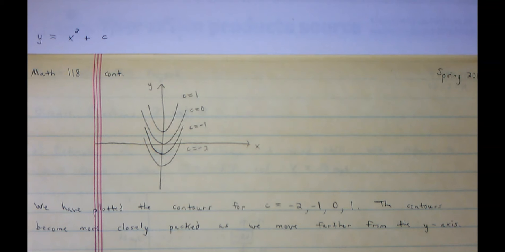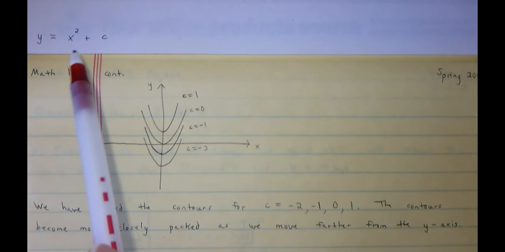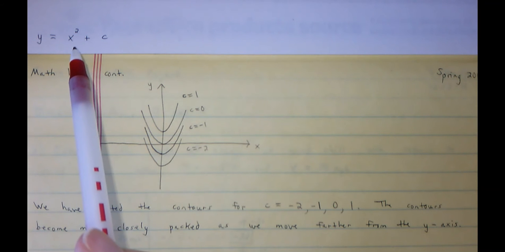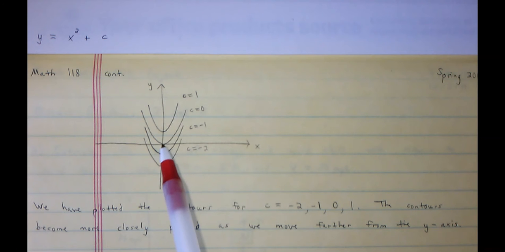What we want to do is pick 4 different values of c to give us 4 different contours for our contour diagram. So I'm going to start by letting c equal 0. Then we'd have y equals x squared, which you know is a parabola with vertex at the origin that opens up.